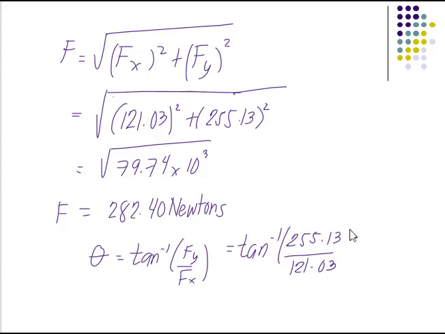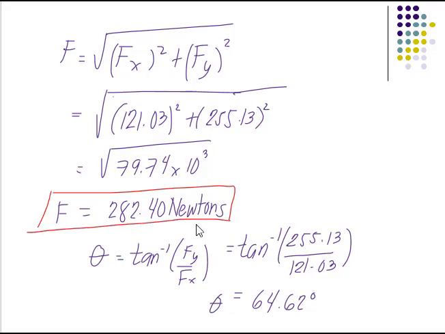So let's solve: inverse tangent of 255.13 divided by 121.03 will give us an angle of 64.62 degrees. Okay? So our final answer, the net force exerted on charge 3 or Q3 is equivalent to 282.40 newtons, and the angle for that net force is 64.62 degrees.